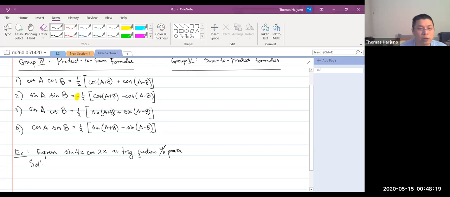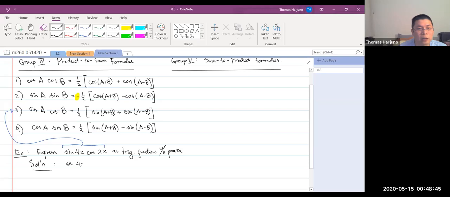Now then, how to express that without power? Then I see sine cosine. Sine cosine, this guy here, matches number 3, right? So that will be 1/2.